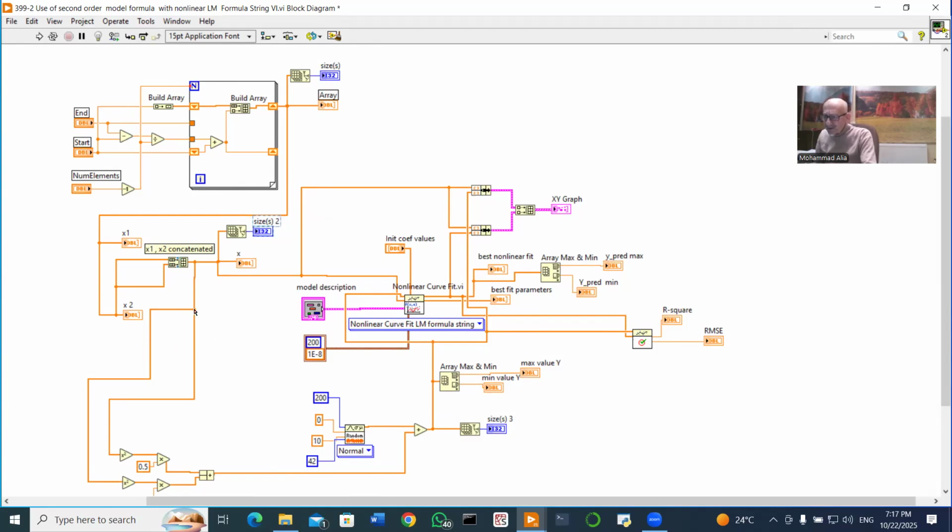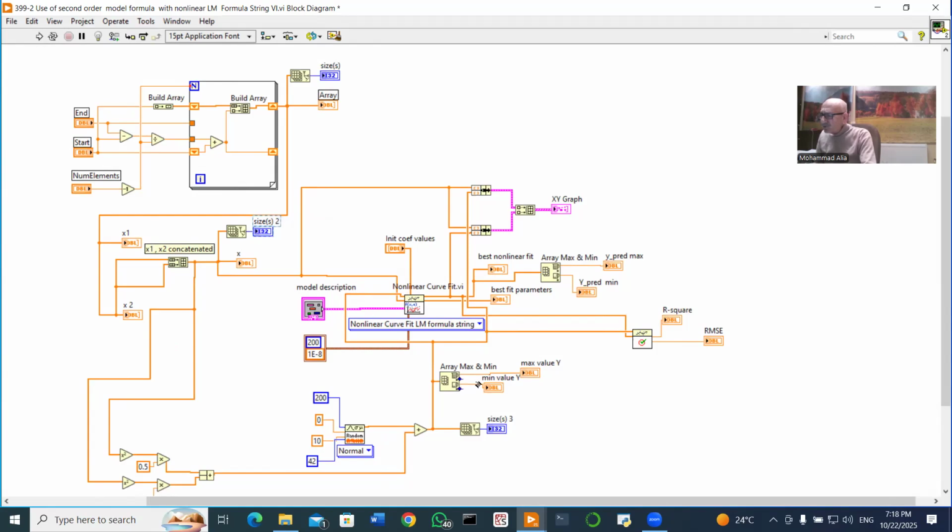So I take the value of concatenated X, square it, multiply it by half, do the same thing here, and add them together. In the end, I add a noise, and here is the output which is going to feed our function. This is Y plus noise, which is feeding the input.